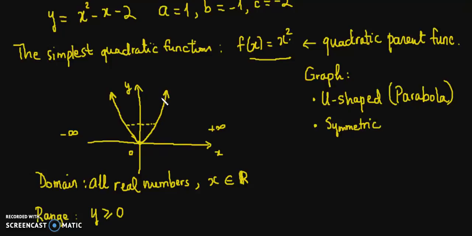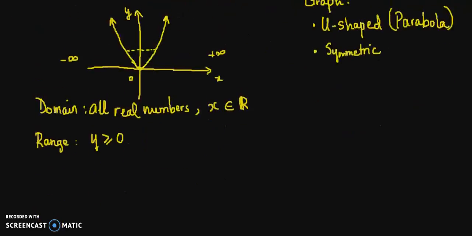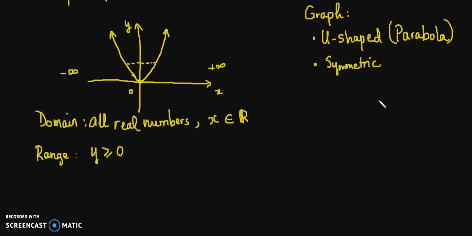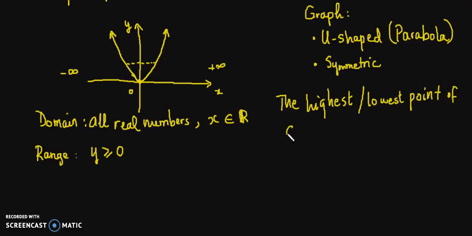Okay, so what can we say about this? What we can say is that the highest or lowest point of a parabola is its vertex.